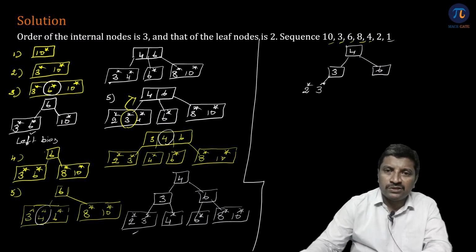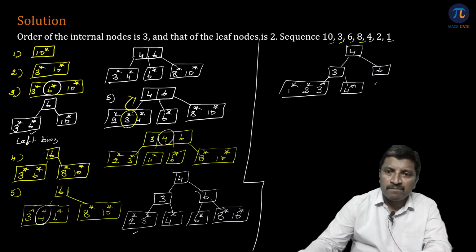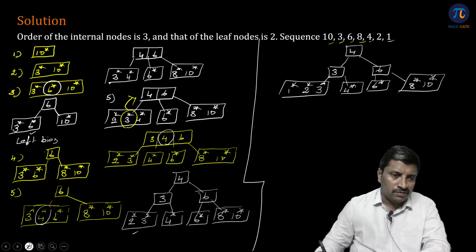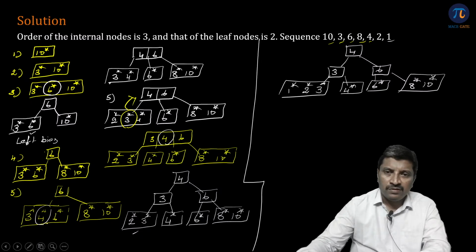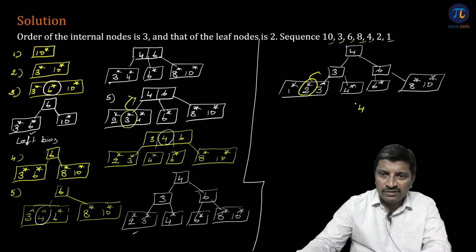So 2*, 3*, 1*. Then 4, 6, 8, 10. Now this is having more values. Move to the next level. So 4, 2, 3.